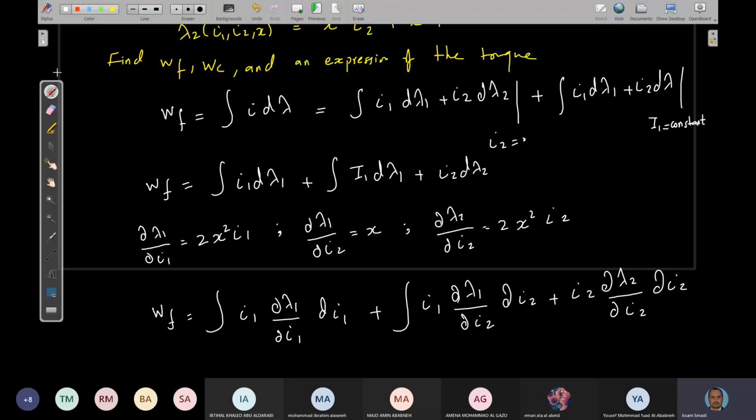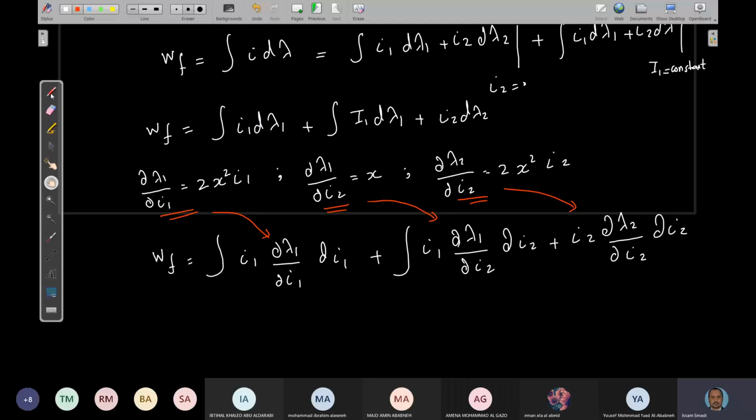So simply now we have all the missing terms. Here I will substitute this one, here I will substitute this one, and here I will substitute this one, and I can evaluate.